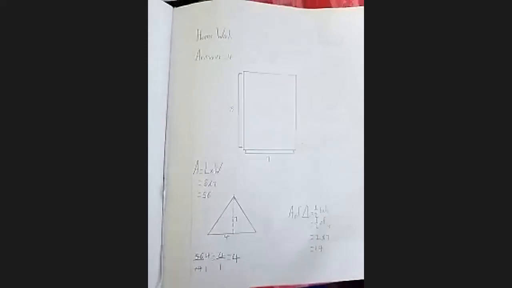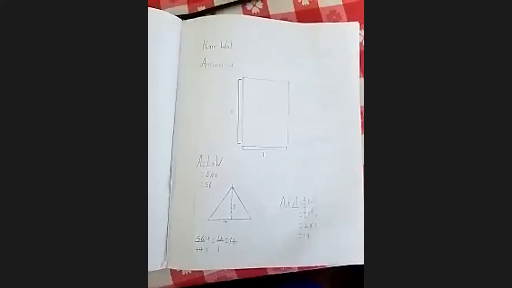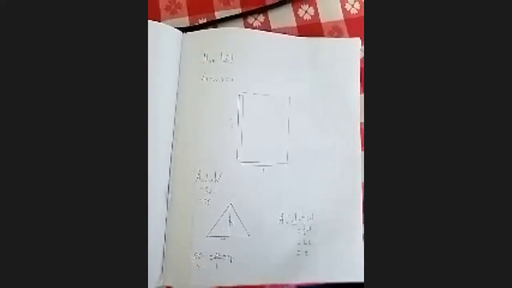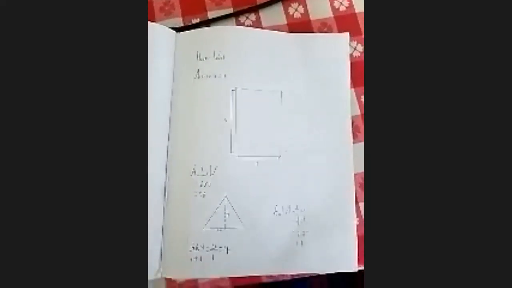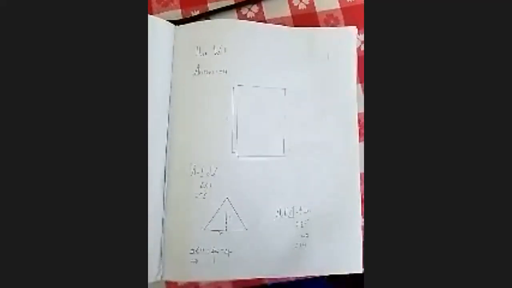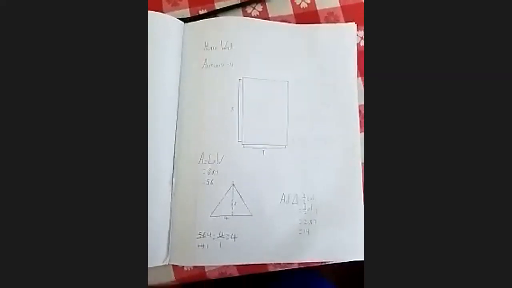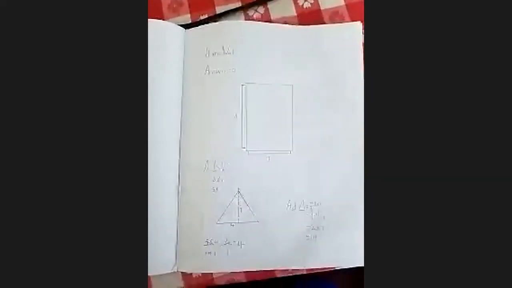Or rather, I should say label. And find the area of a triangle, base 4 and height 7. Find how many triangles would fit into your shape.